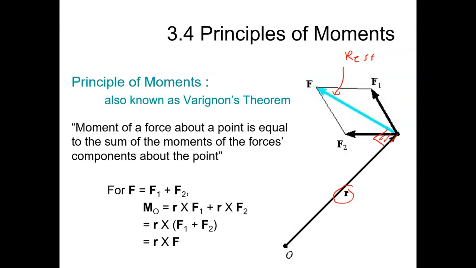So what happens if this is not normal? If this is not normal, only a portion of that force would be consumed for the rotation, which is the normal component. The other component, which is aligned with the position vector, doesn't make any rotation. That is wasted. This is like pushing a wall, you cannot move the wall. Say this is a wardrobe and you want to slide it. If you apply this force like that, this is effective.